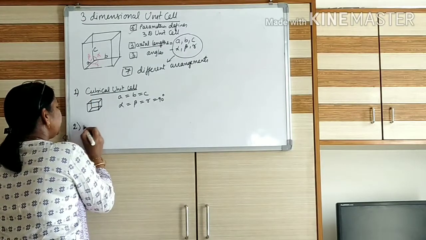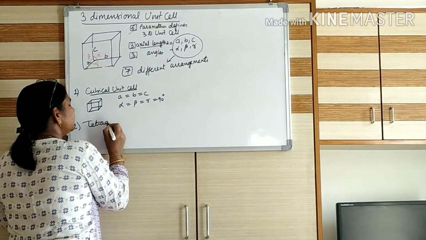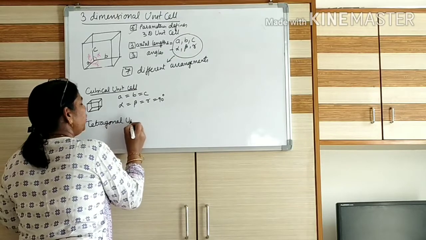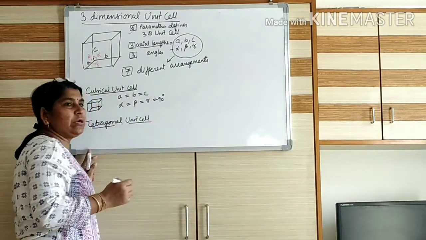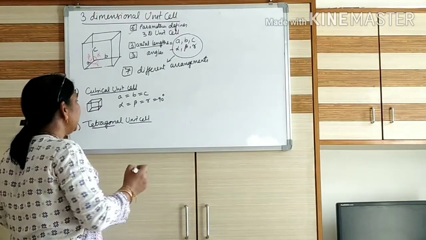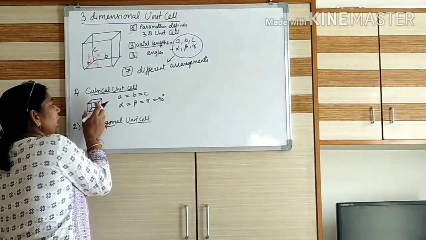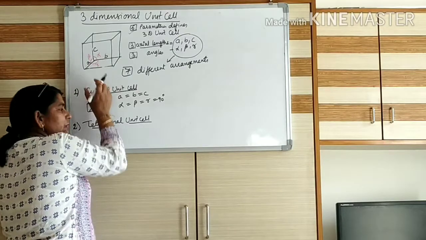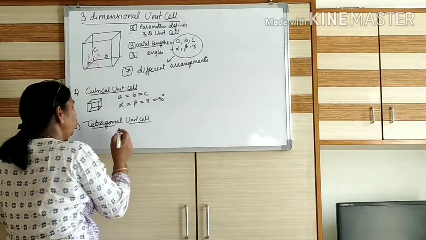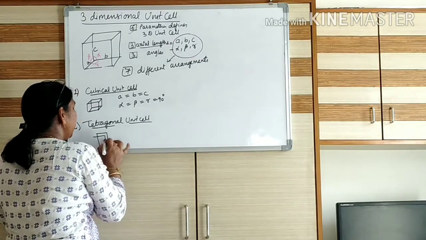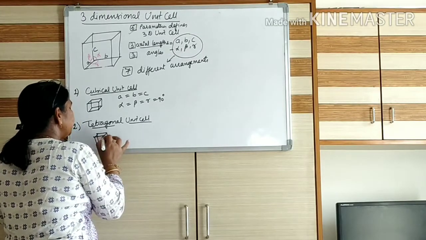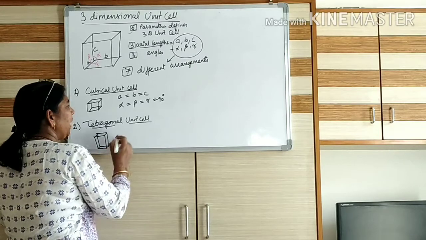Second one is the tetragonal unit cell. Students, what is the tetragonal unit cell? If we increase the height of this cube, what will happen?